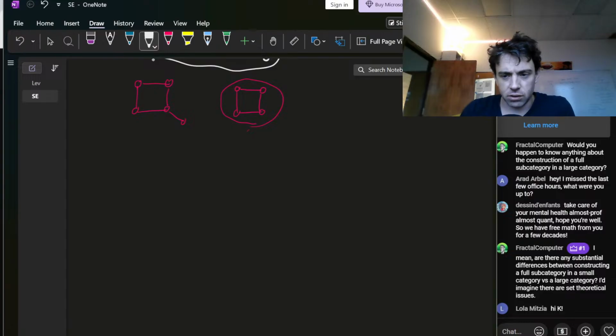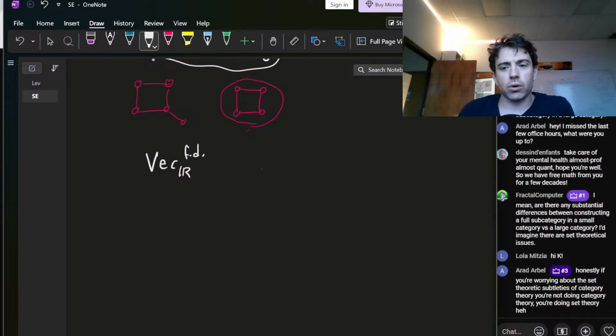Like, if we consider, say, the category of finite dimensional real vector spaces, of course one could take the full subcategory where you just take all of the Euclidean spaces.